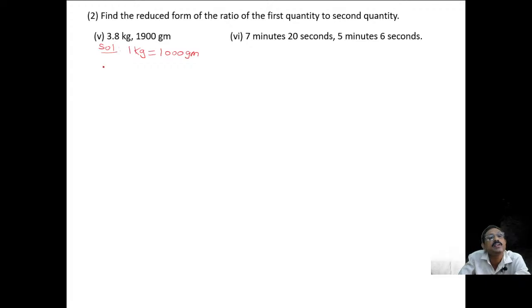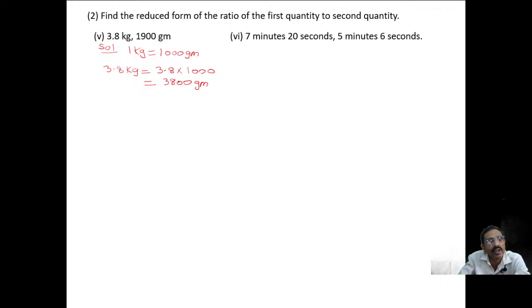So 3.8 kilograms is equal to, we have to convert this, so we are going to take 3.8 into 1, multiplied by 1000. And when we multiply this by 1000, what we will get is 3800 grams.